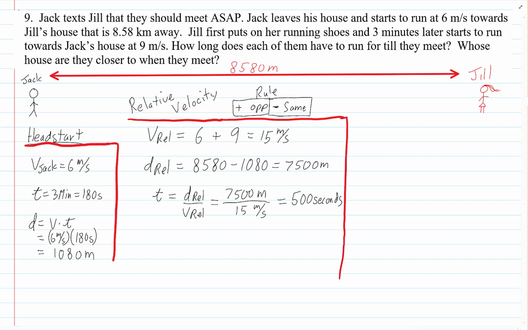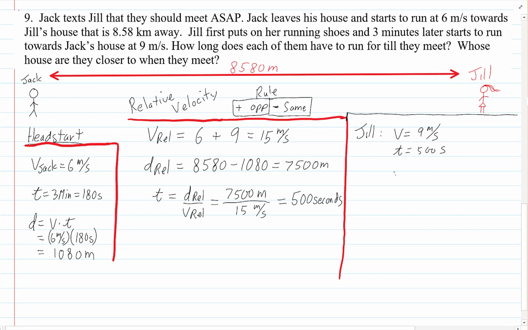Now, let's look at both Jack and Jill, just to summarize, because we just answered how many seconds it takes for each of them to run. Well, let's just look at Jill first. Her velocity was 9 meters per second, and she ran for a time of 500 seconds.